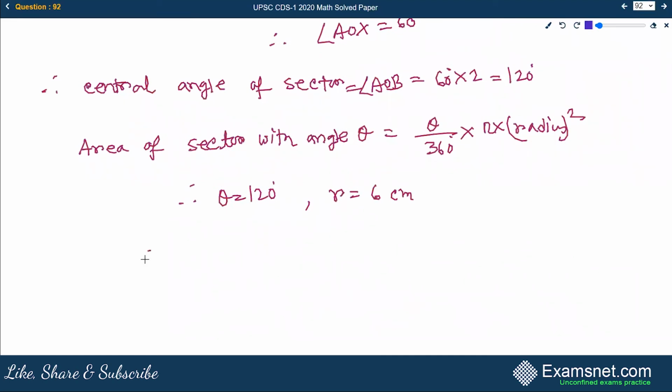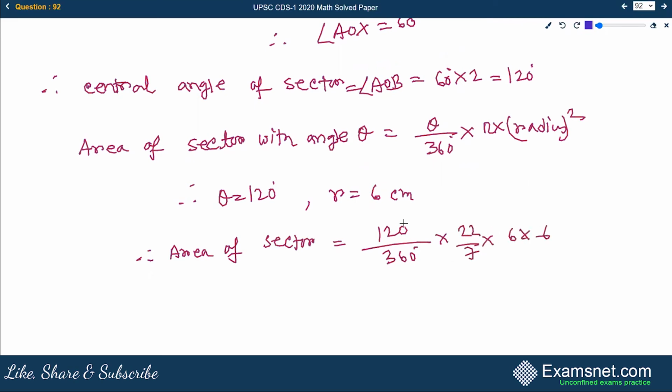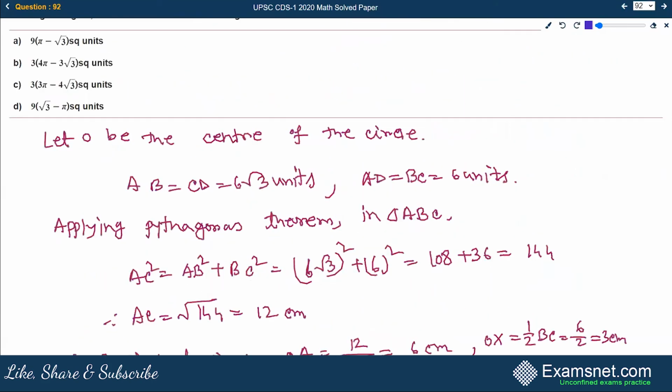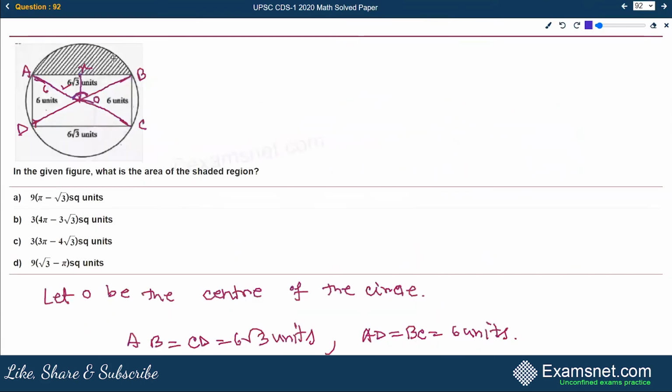Therefore, area of this sector is 120 degree by 360 degree, pi, and 6 multiplied by 6. So it will become 12 pi centimeter square. Area of this sector is 12 pi centimeter square.